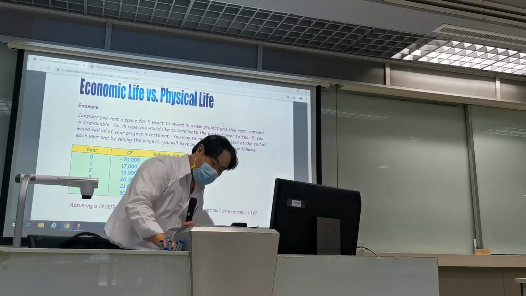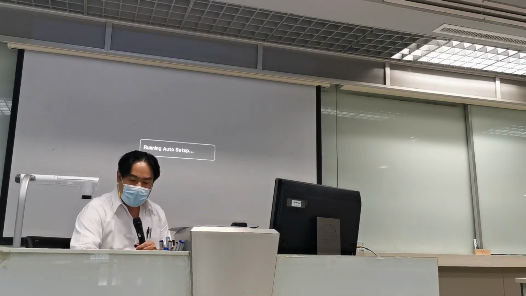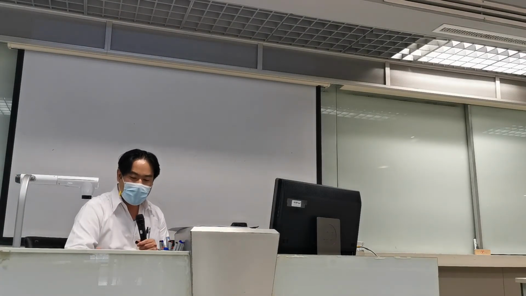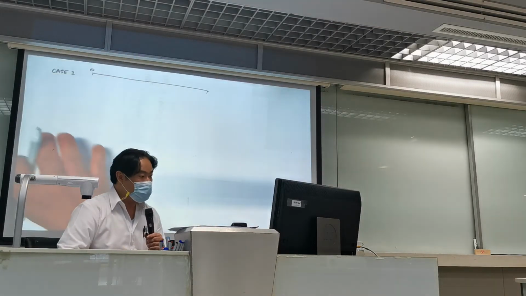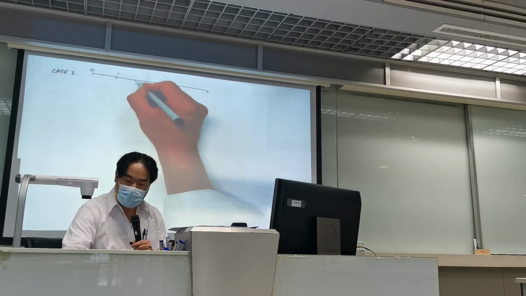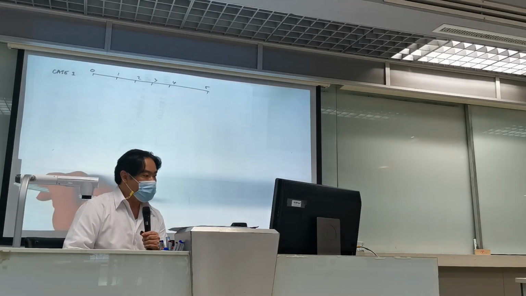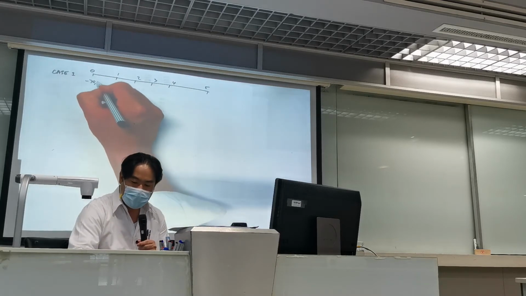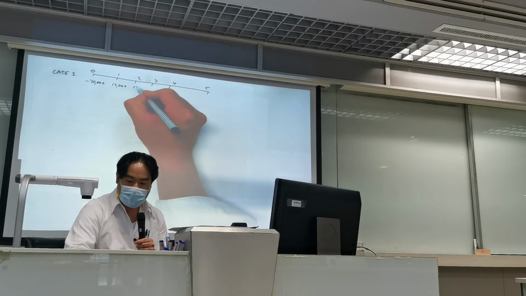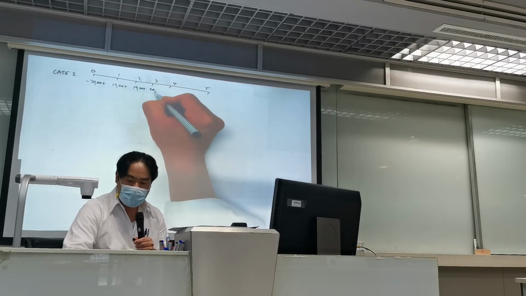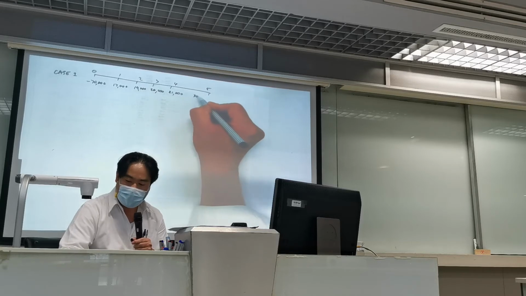So the decision in this project turns out to be 5 different cases. Case number 1: you may invest in this project yourself for the physical life, or 5 years. You invest 70,000, you get 17,000, 19,000, 20,000, 21,000, and 30,000, like this.